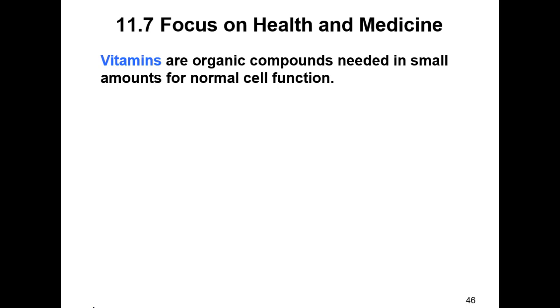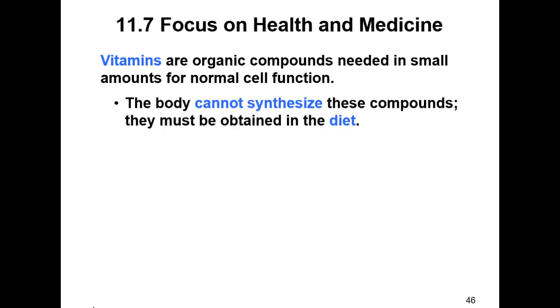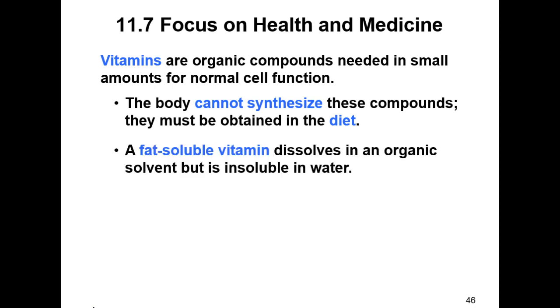And there's water soluble and there's fat soluble. Our bodies cannot synthesize these, so we must get them through diet. Examples are vitamin C. That one is very water soluble. There's a few others that they'll show in here.